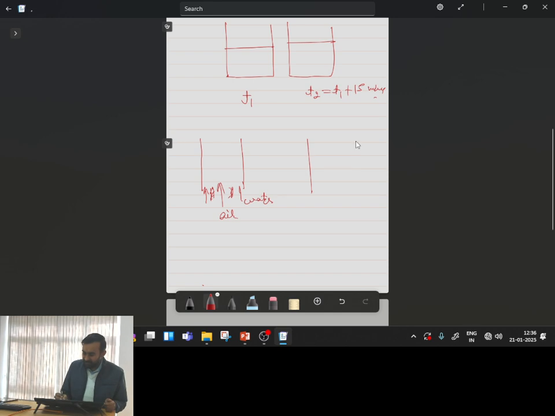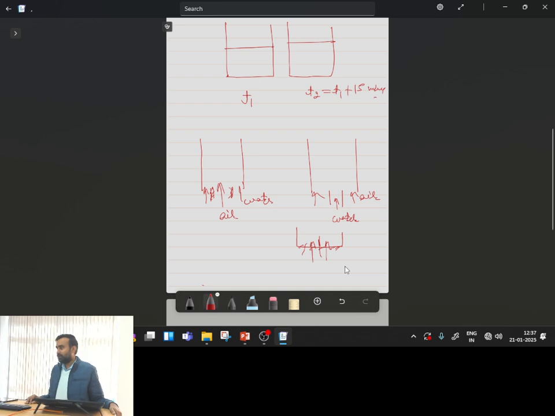Another arrangement can be that from the center you pass water and from the sides you pass air. A third arrangement can be some porous structure through which you simultaneously pass air and water. So depending upon these different configurations, different types of flow structures or phase associations can exist. How to categorize it and how we govern this, I will show in the subsequent discussion.